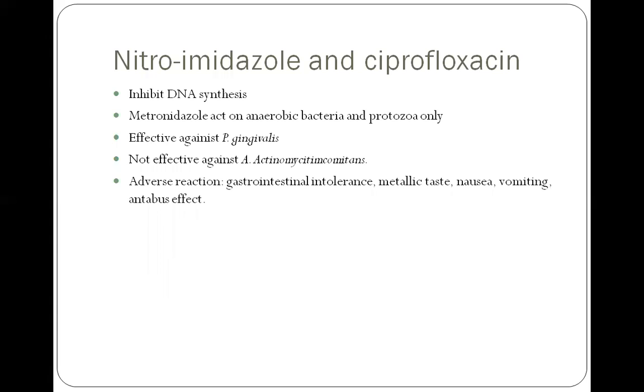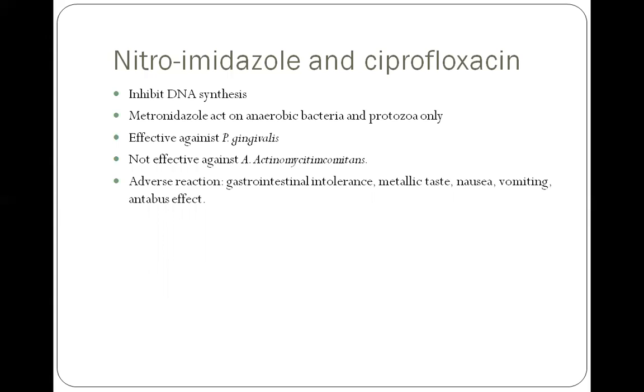Nitroimidazole compound, metronidazole, actually has the same characteristic as ciprofloxacin. Both of them inhibit DNA synthesis. This is the mechanism of action. Metronidazole acts on anaerobic bacteria and protozoa only. Therefore, we use it in combination with amoxicillin to get rid of the anaerobic bacteria.